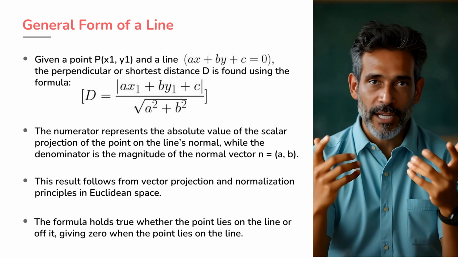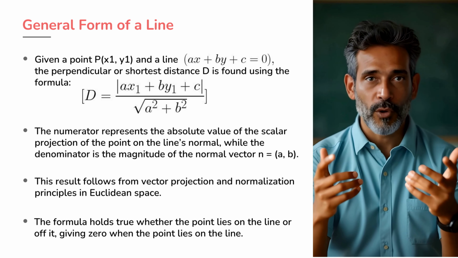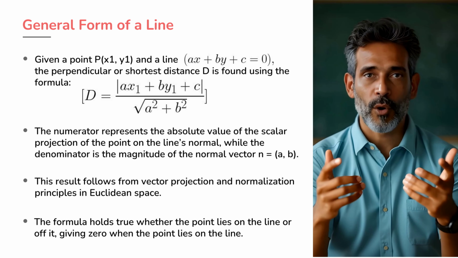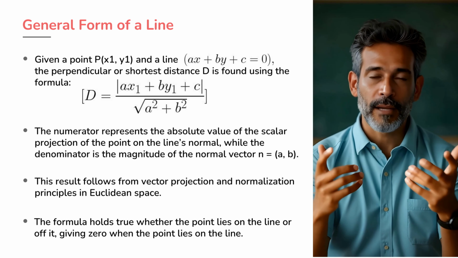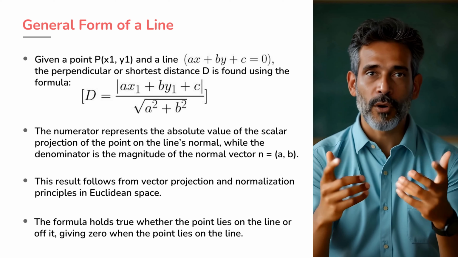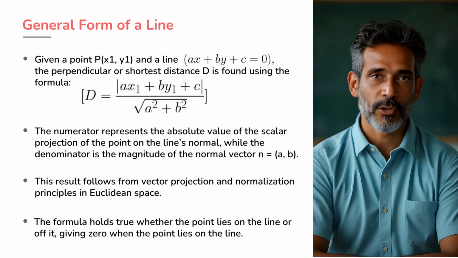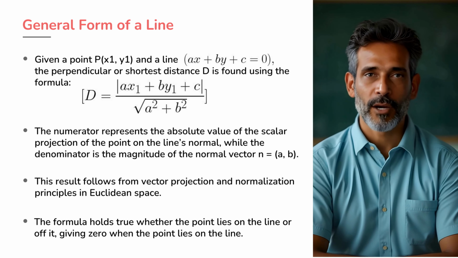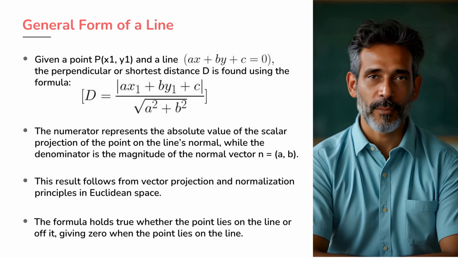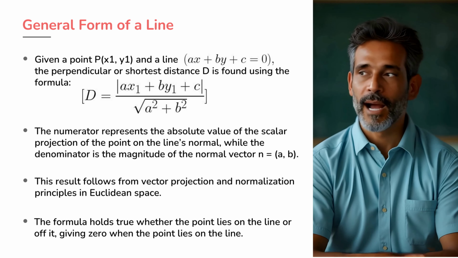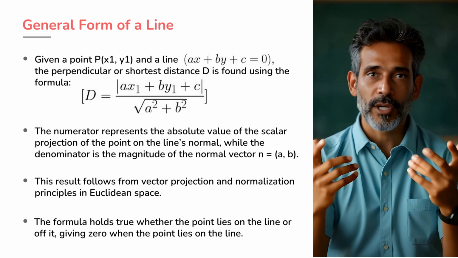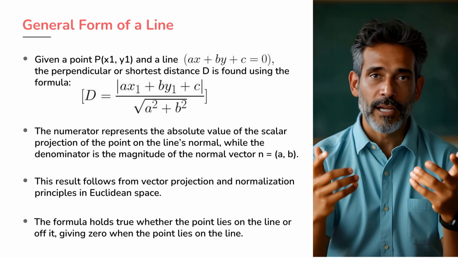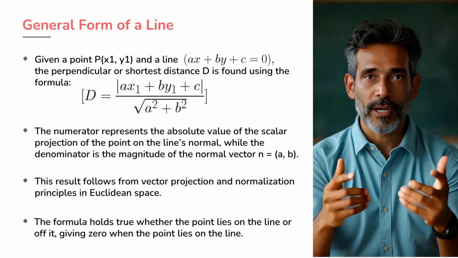Here, the numerator represents the absolute value of the scalar projection of the point onto the line's normal vector. The denominator is simply the magnitude of the normal vector n, which is written as (a, b). This result comes directly from vector projection and normalization principles in Euclidean geometry. And importantly, the formula works in all cases.